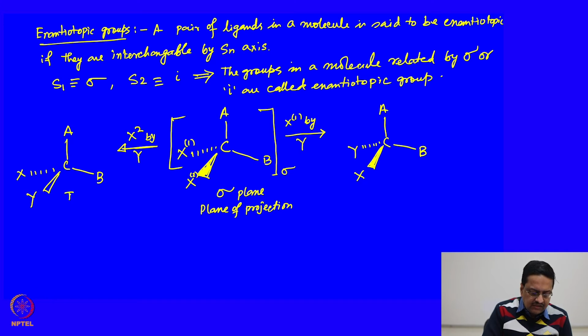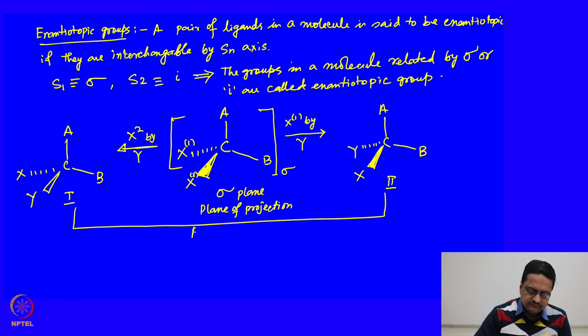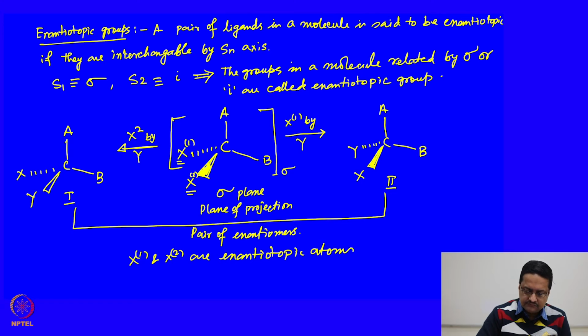Molecule 1 and molecule 2 are a pair of enantiomers. Therefore, x1 and x2 are enantiotopic atoms.